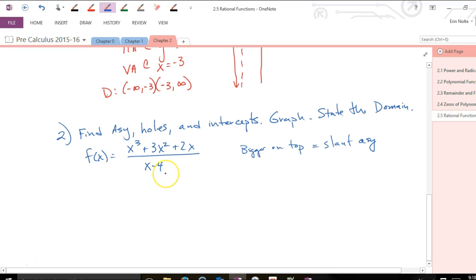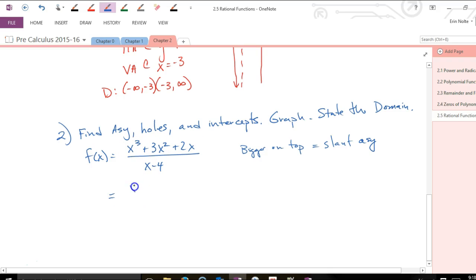As far as my vertical asymptote, before I go ahead and decide that 4 is in fact a vertical asymptote, I want to make sure I could plug 4 in, but I'm going to take this top and I'm going to factor it so that it's going to be really easy to decide if it is a hole or vertical asymptote. Okay, so if I take the top, I can pull a greatest common factor out.